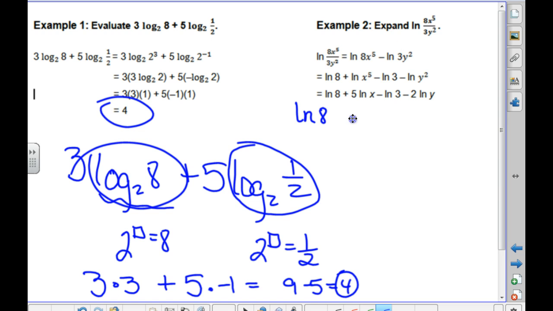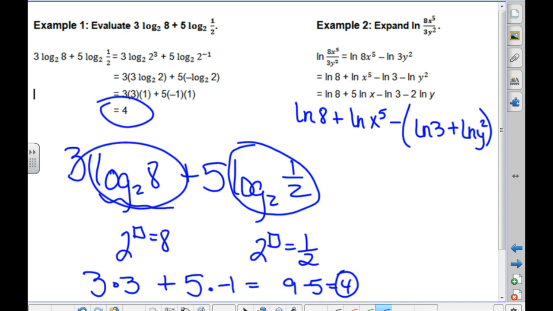Then it's times, so we're going to make that a plus, the natural log of x to the 5th. Then it's divided by, so that'll be minus. And then down here we have the natural log of 3 times, which will be plus, the natural log of y squared.